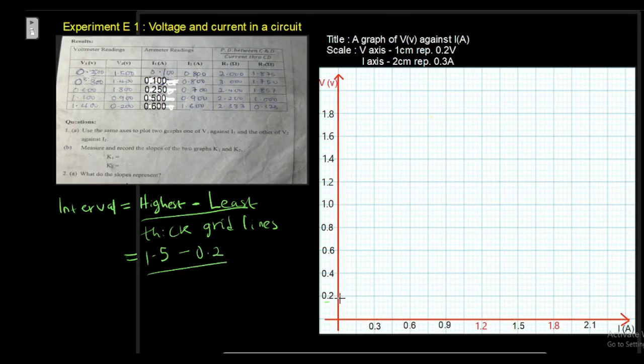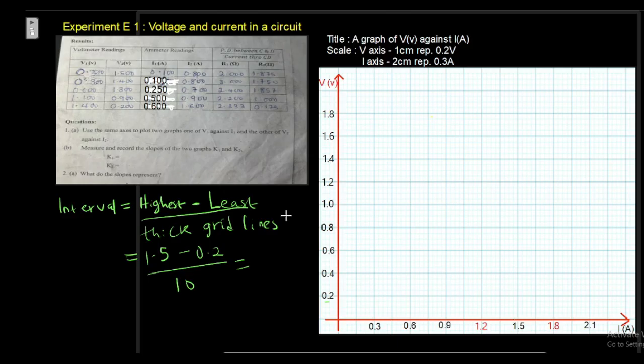All right, so we'll count our grid lines up on the vertical. We have 1, 2, 3, 4, 5, 6, 7, 8, 9, and 10. The thick grid lines, not the small ones inside, but the big ones. So we have 1.5 minus 0.2 divided by 10. That will give us our lower interval.